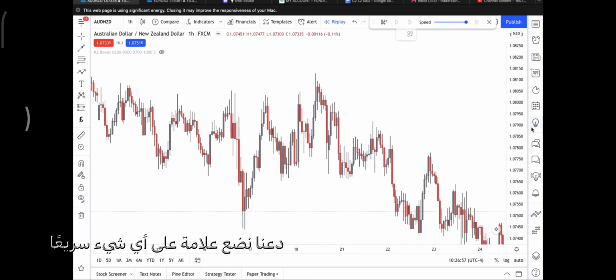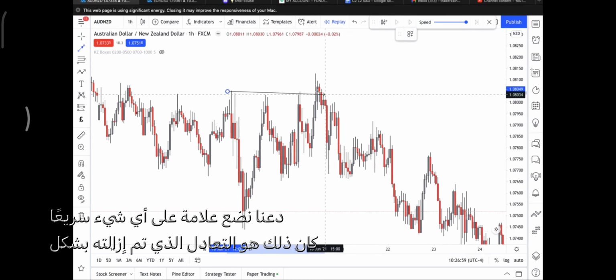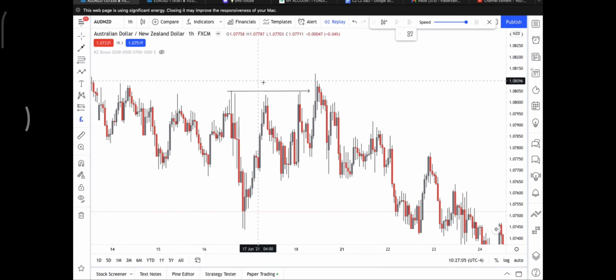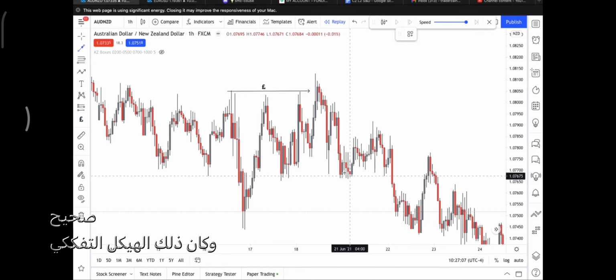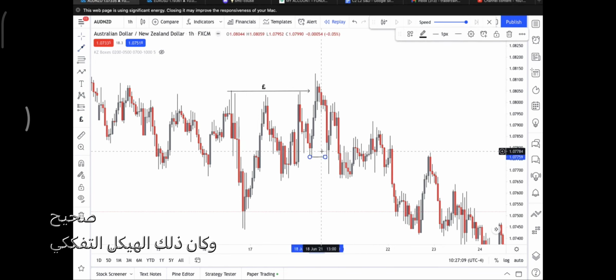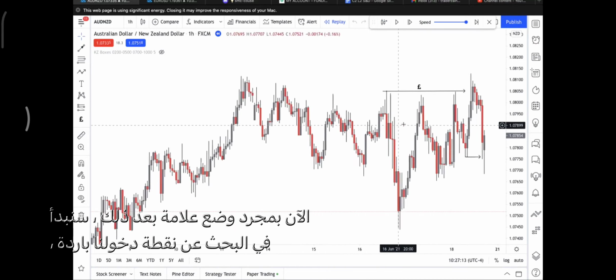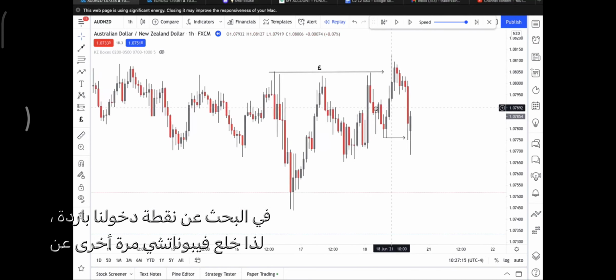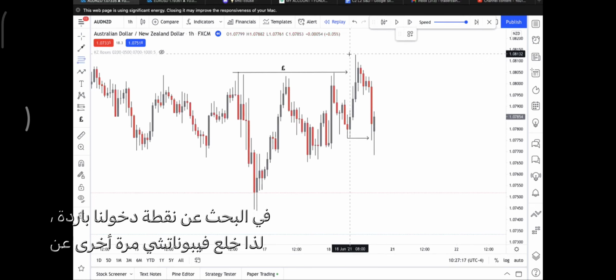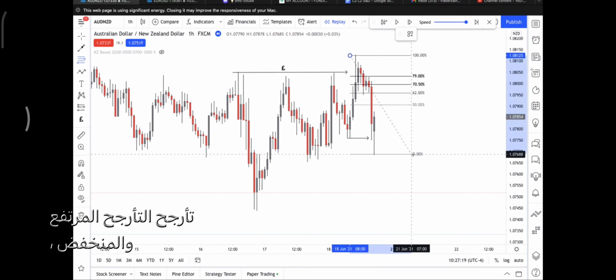Let's just mark everything out quickly. That was the equal highs that got taken out. Right. That was that break of structure. Now once we mark out these, we'll start to look for our entry point. Cool. So again, take out Fibonacci, mark out the swing high, mark out the swing low.